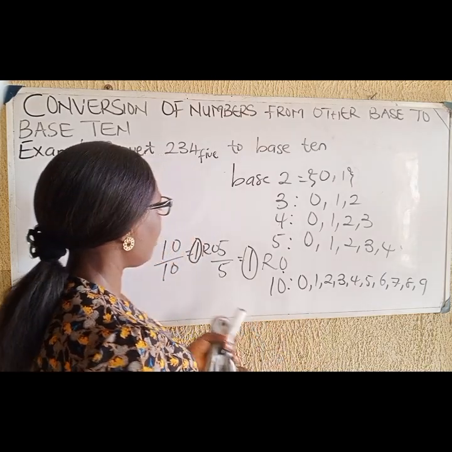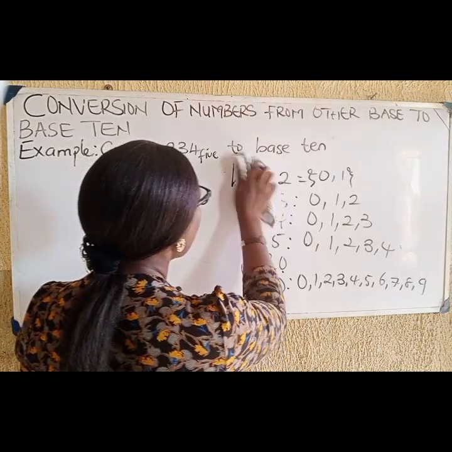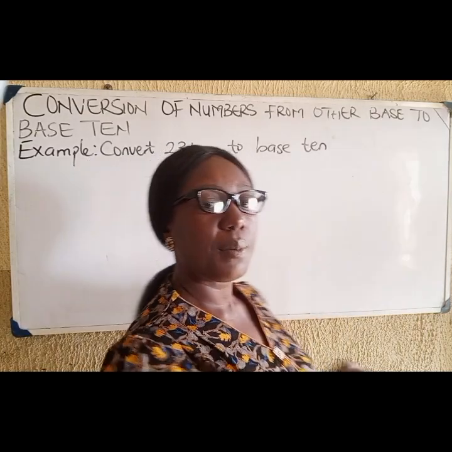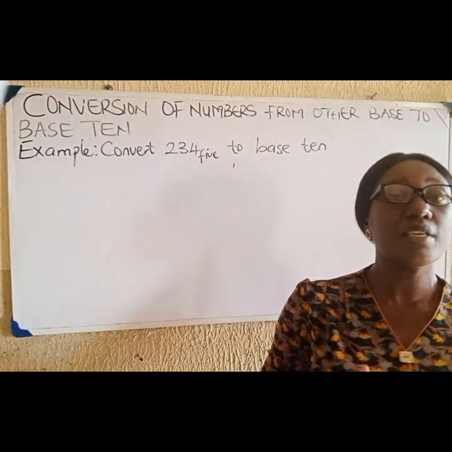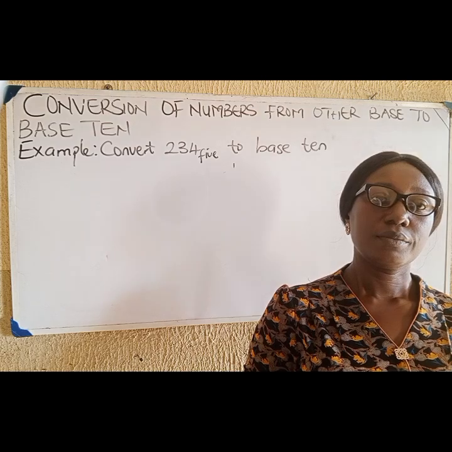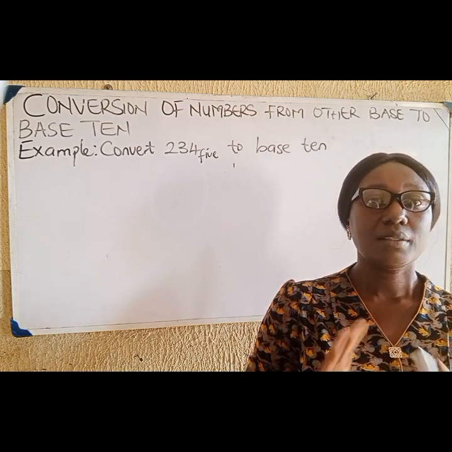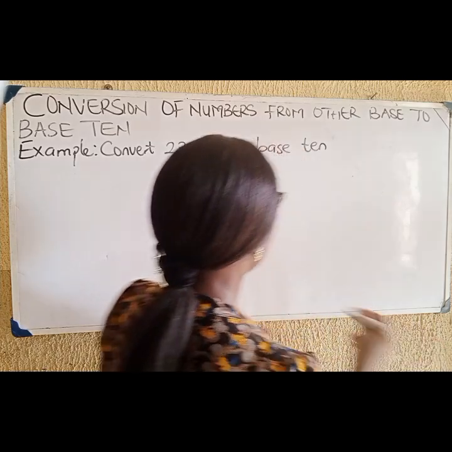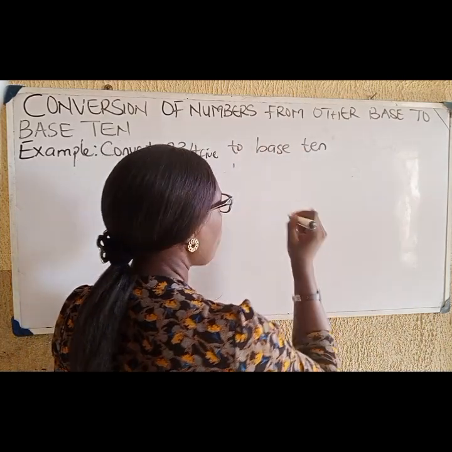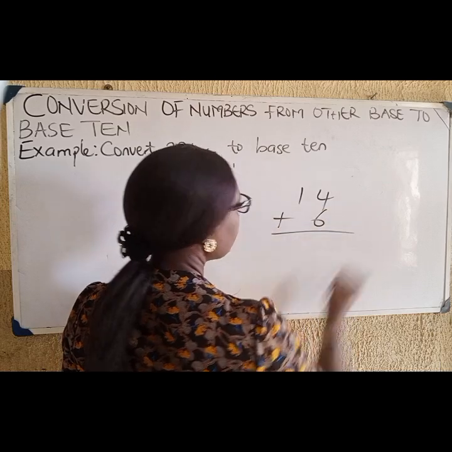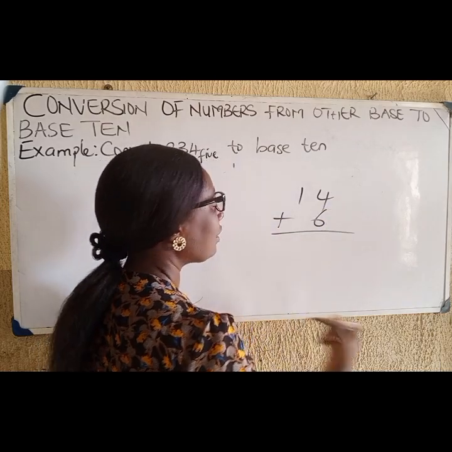And that is why in our normal counting system, we count in base what? Base 10. So that is why when you have something like this, maybe you want to add, maybe I have 14 plus 6. 4 plus 6 is what? 10.